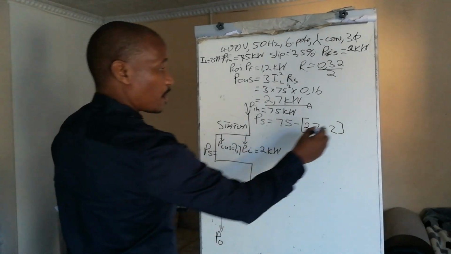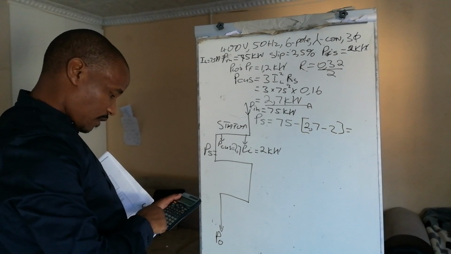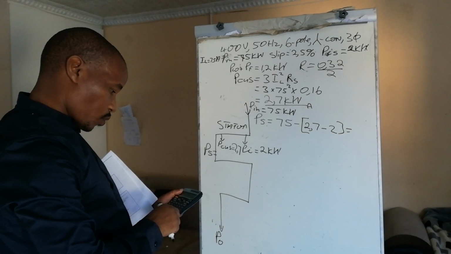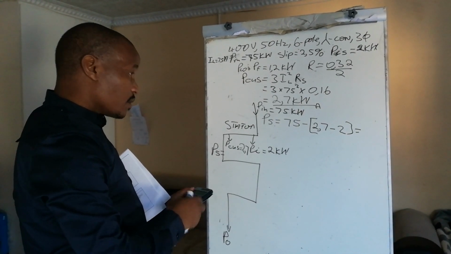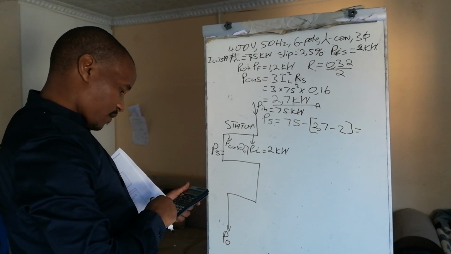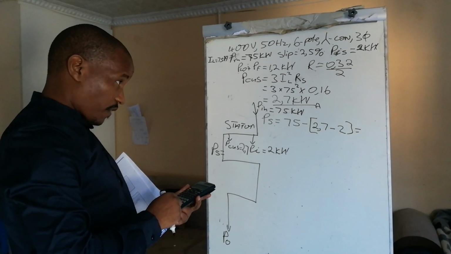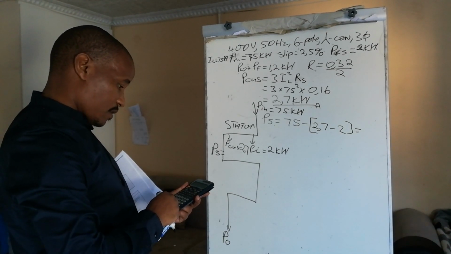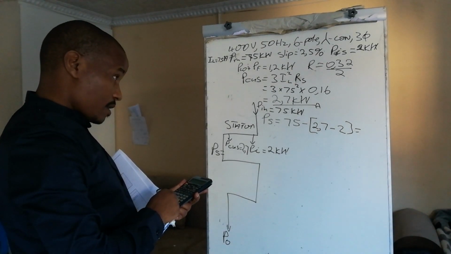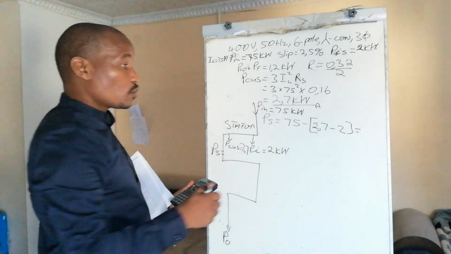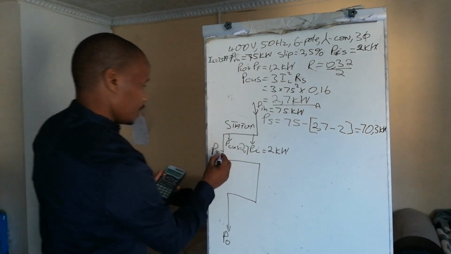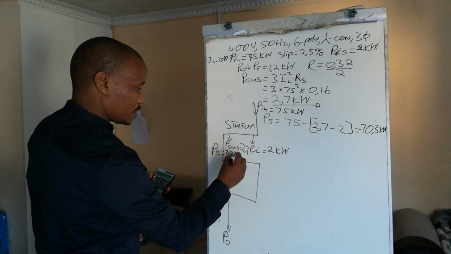And it's equal to 75 minus open brackets 2.7 plus 2 closing brackets, which is 75 minus 2.7 and then minus 2, 70.3. It is 70.3 kilowatts. Here we've got 70.3 kilowatts.